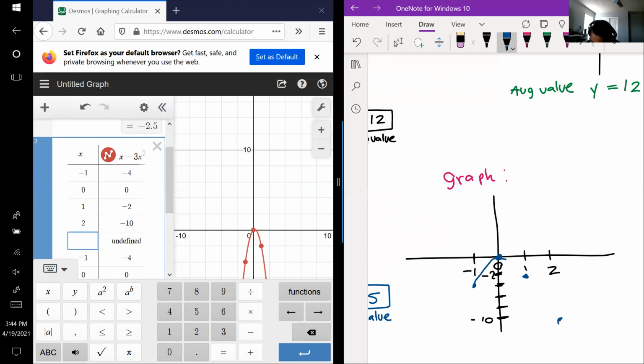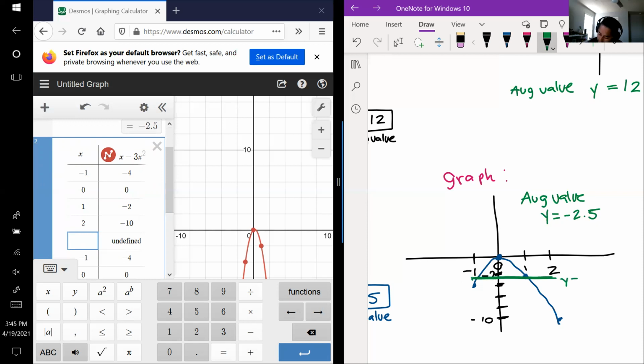So here's our graph. And then all we have to do again is graph the average value, which is going to be represented by the line y equals -2.5. So here's -2, there's 2, so -2.5 somewhere around here.